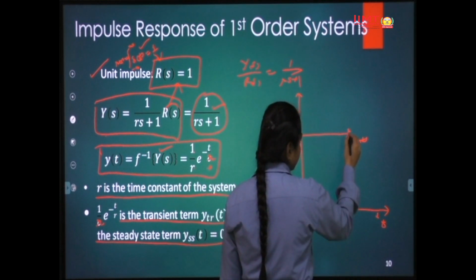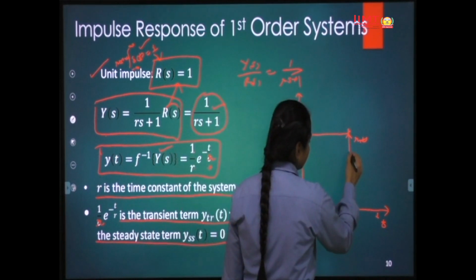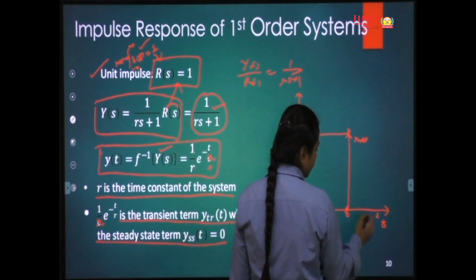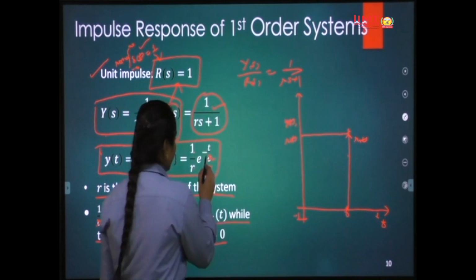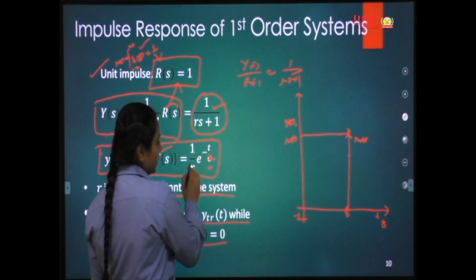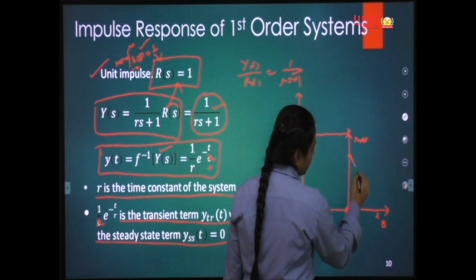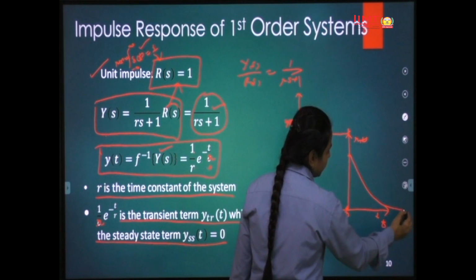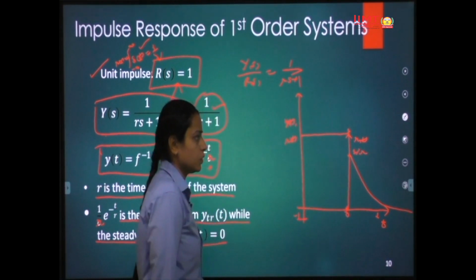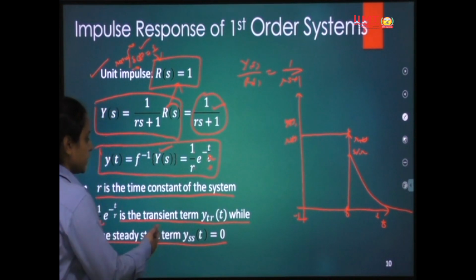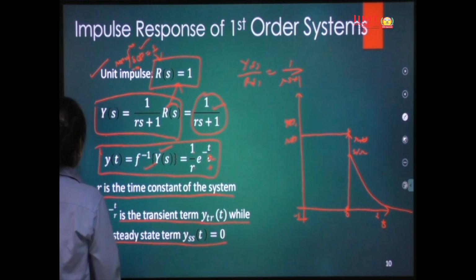For t equal to 0, it would become 1 by T, and for infinity it would become 0. So this is the time response for this particular system in graphical representation and in mathematical representation.